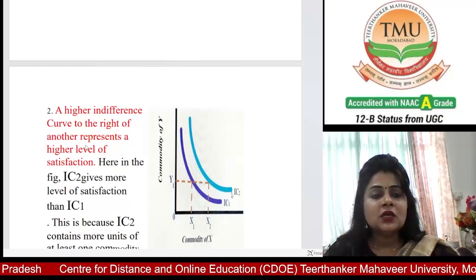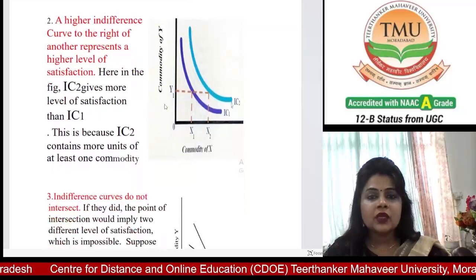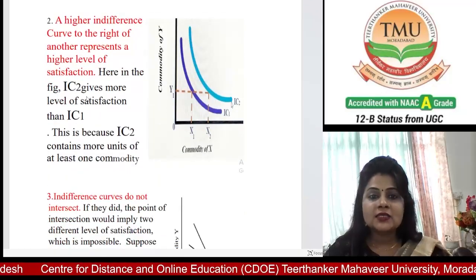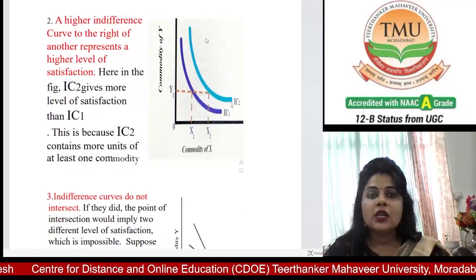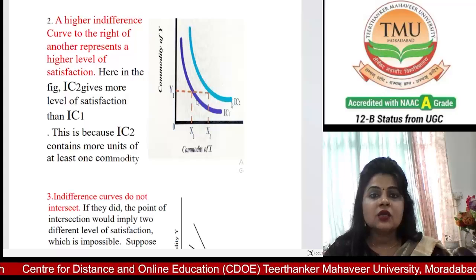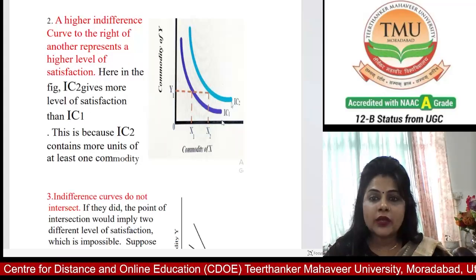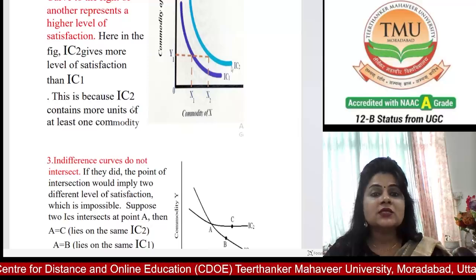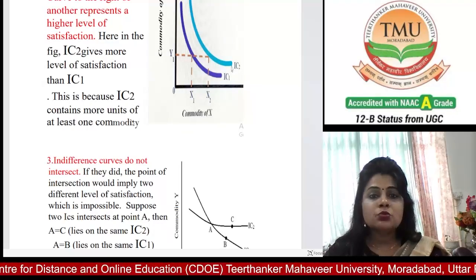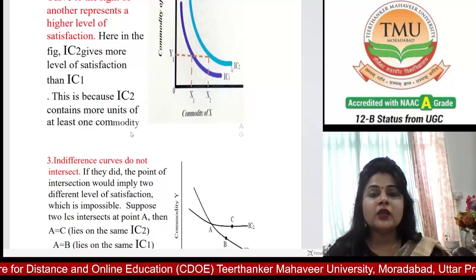Here is a figure: IC2 gives a higher level of satisfaction than the IC1 curve. This is because IC2 contains more units of at least one commodity.